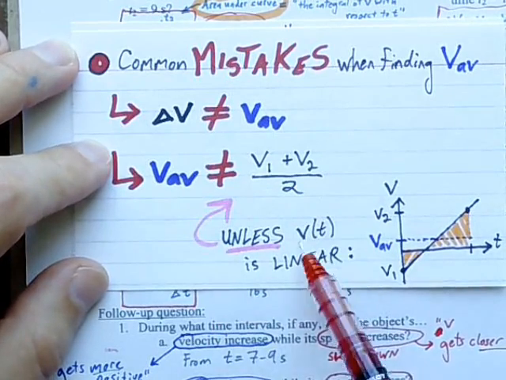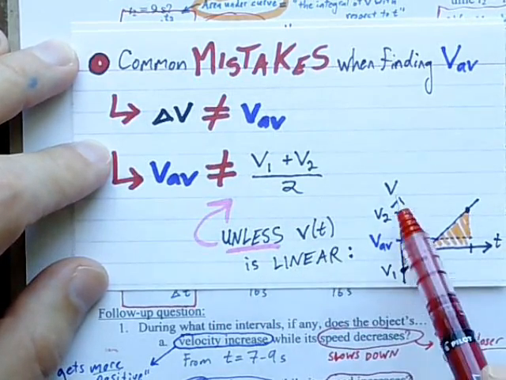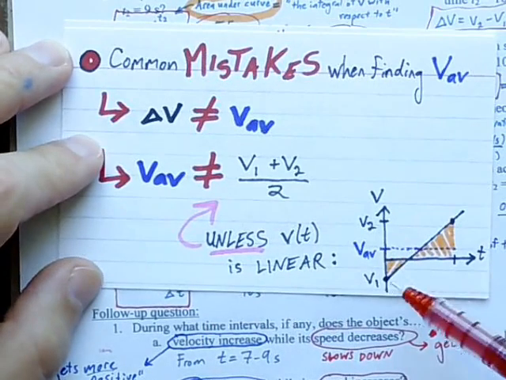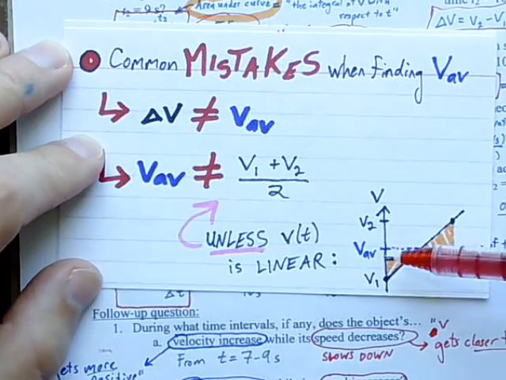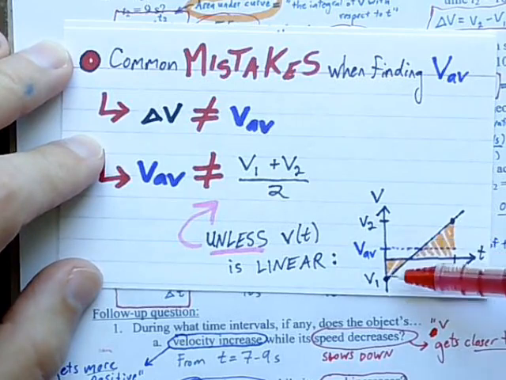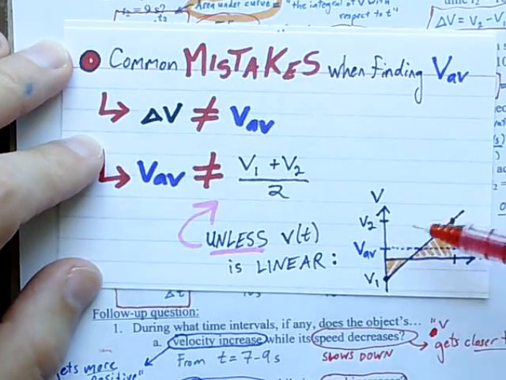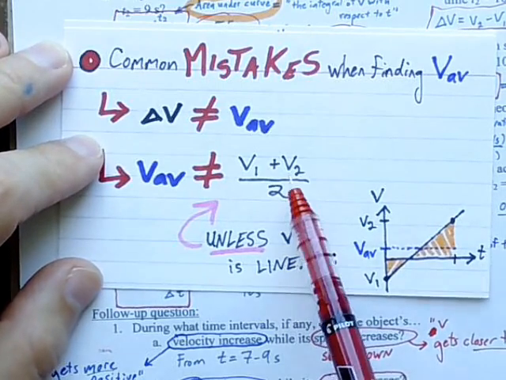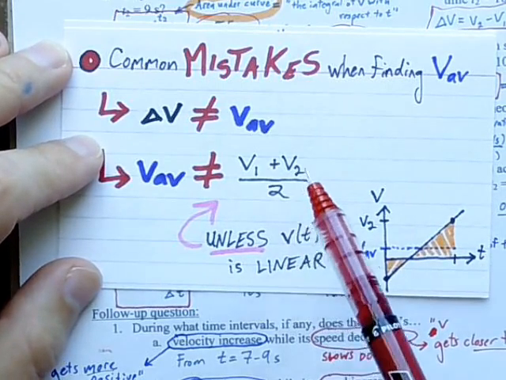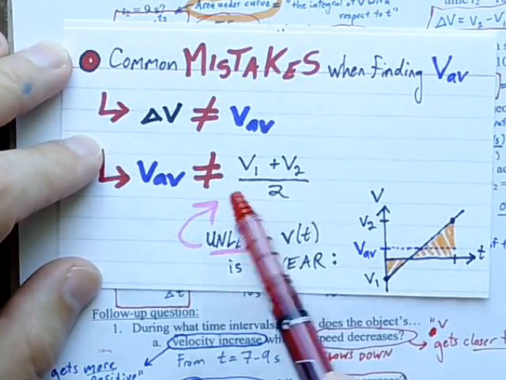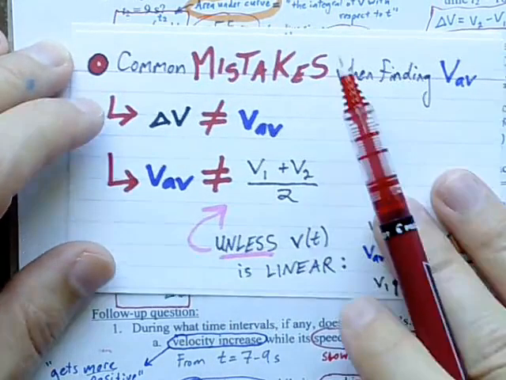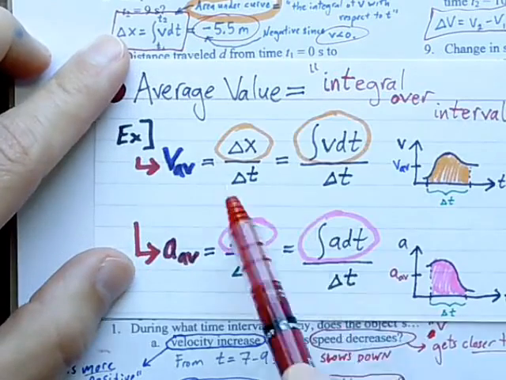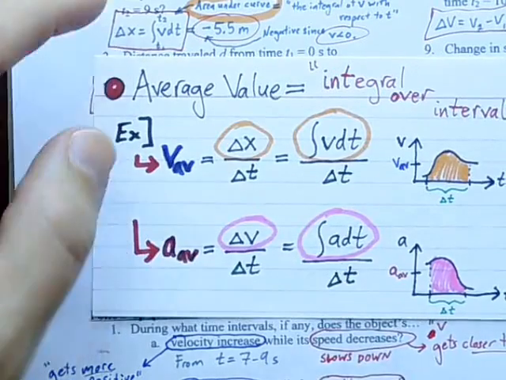If your velocity versus time is a linear function, so like this, then and only then does the average velocity lie exactly halfway in between the initial value and the final value. That's a special case. In general, this does not give you the correct value for the average velocity. So don't use this to find average velocity. Use this to find average velocity.